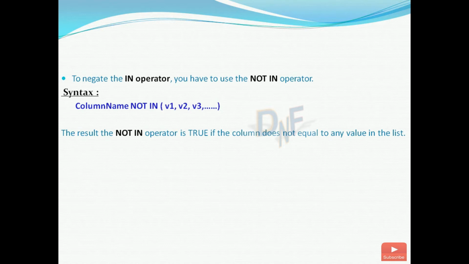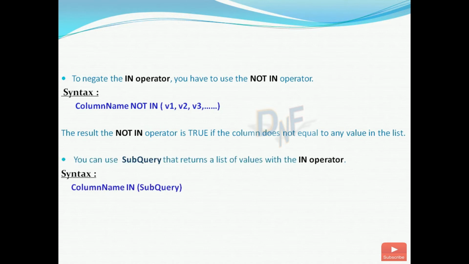For example, you pass five values and these five values do not match the column value, then the NOT IN operator returns true. If any value of the list items matches the column value, then the NOT IN operator will return false.